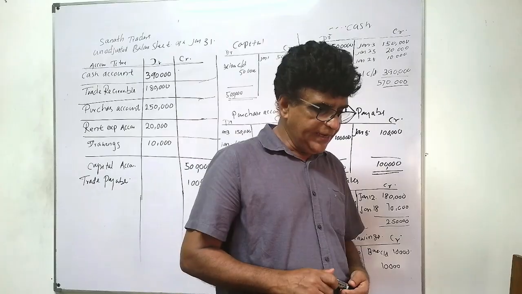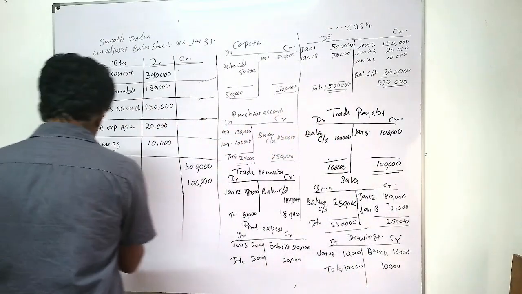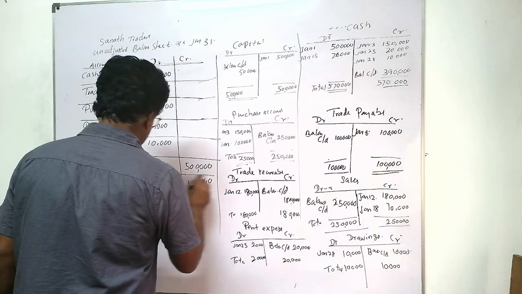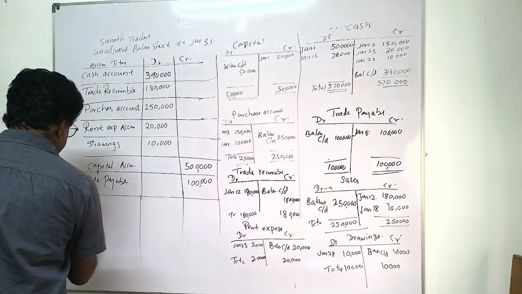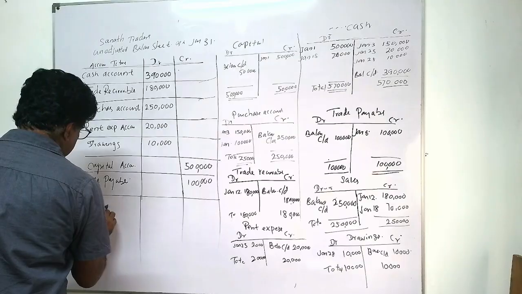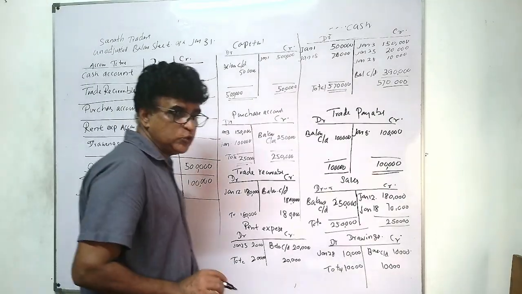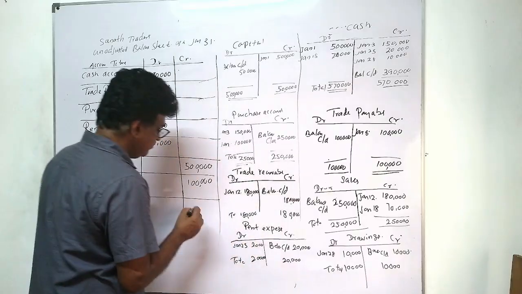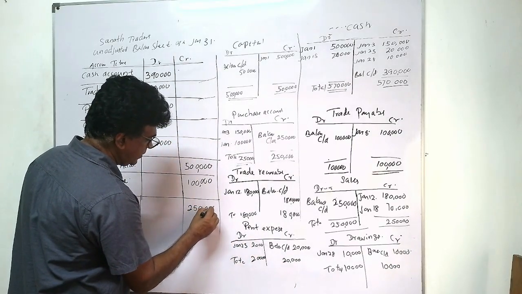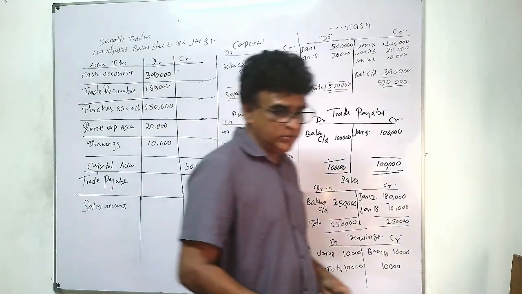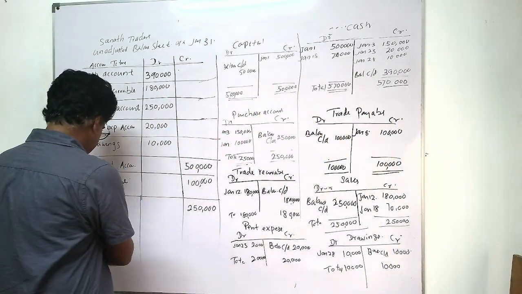And finally the sales account, we have 250,000. All 8 accounts are finished. Now we'll get the total.